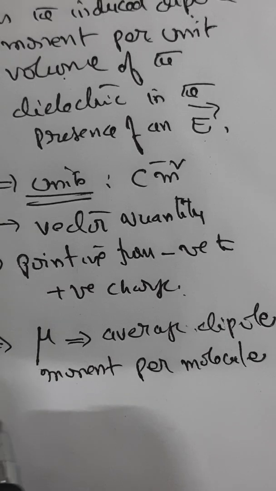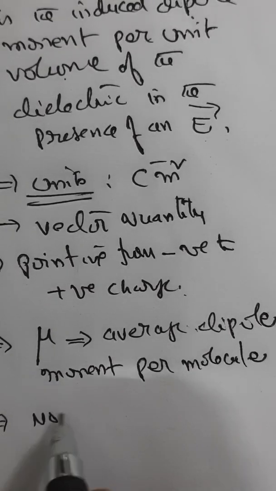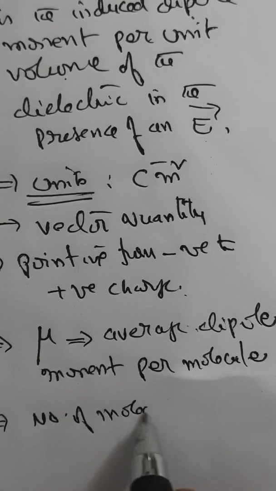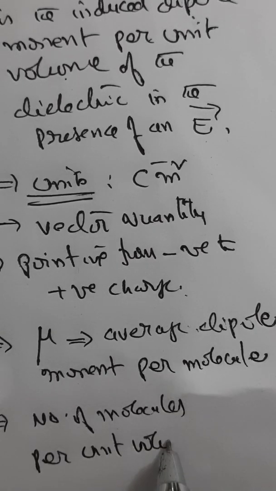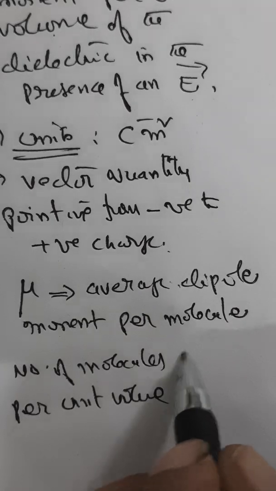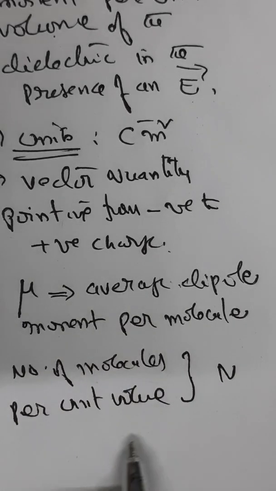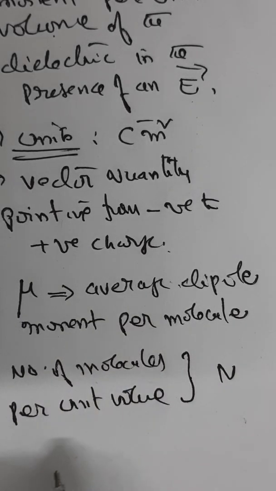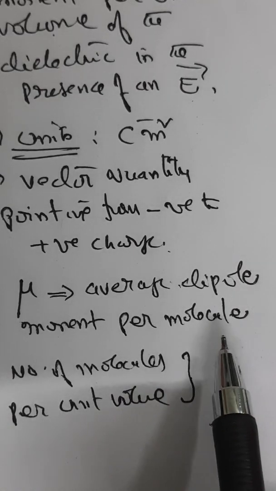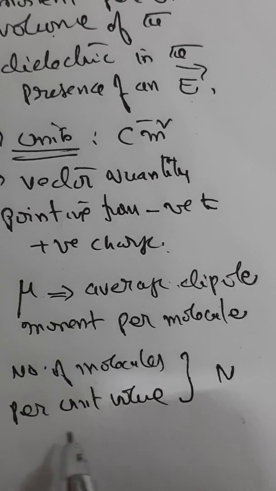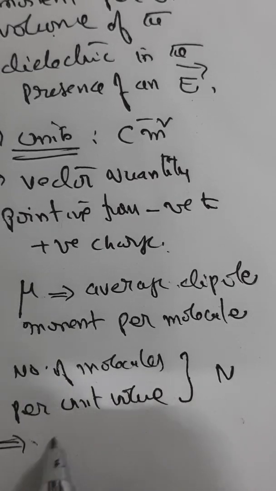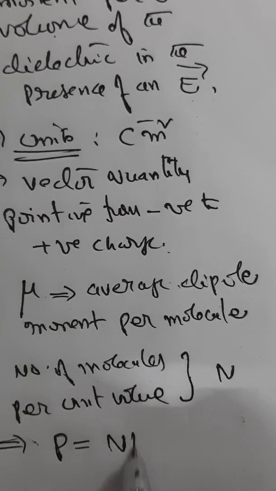So in the matter, let us say N is the number of molecules per unit volume of the dielectric, and each molecule has got an average dipole moment of mu. Then you can calculate P as N mu.